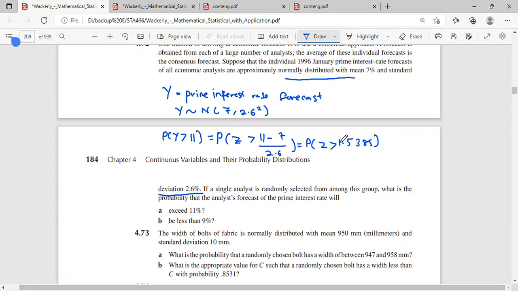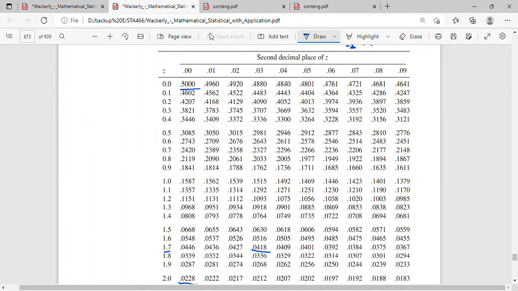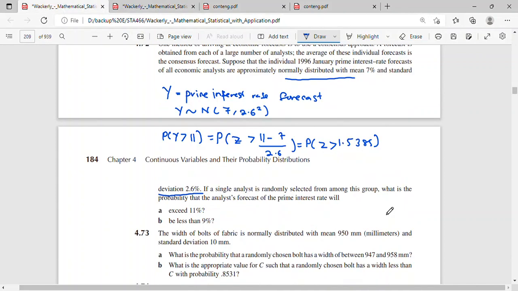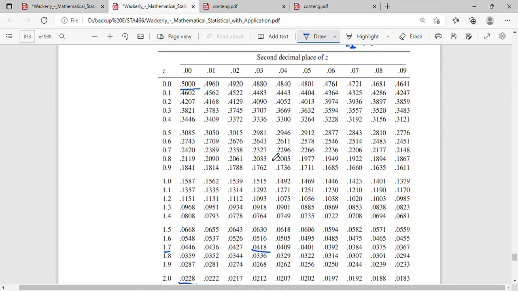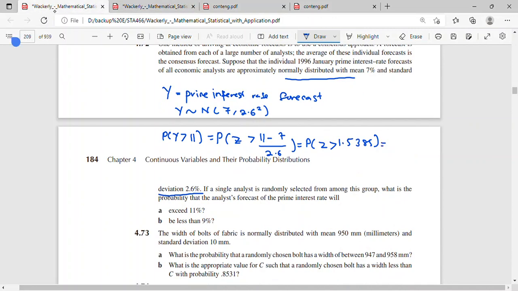Sebab dalam table you, kalau tengok dia ada dua decimal places saja. Okay, until second decimal places. So it will be 1.54. So it will be 0.0618.